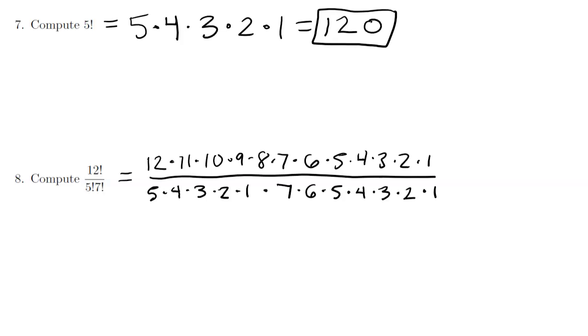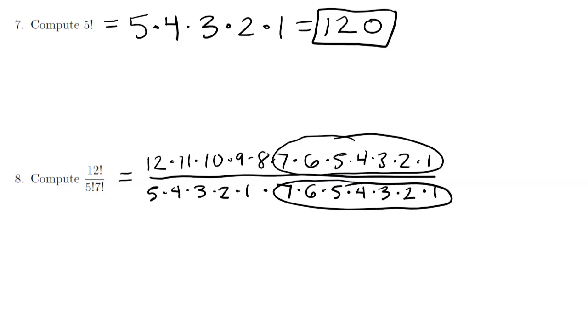Now here's what I want you to notice. Look at the numerator and the denominator and notice this whole thing appears in both places. We've got a 7 times 6 times 5 times 4 times 3 times 2 times 1. And when you're dealing with division, anything that's multiplied on the top and on the bottom can just entirely get canceled out.